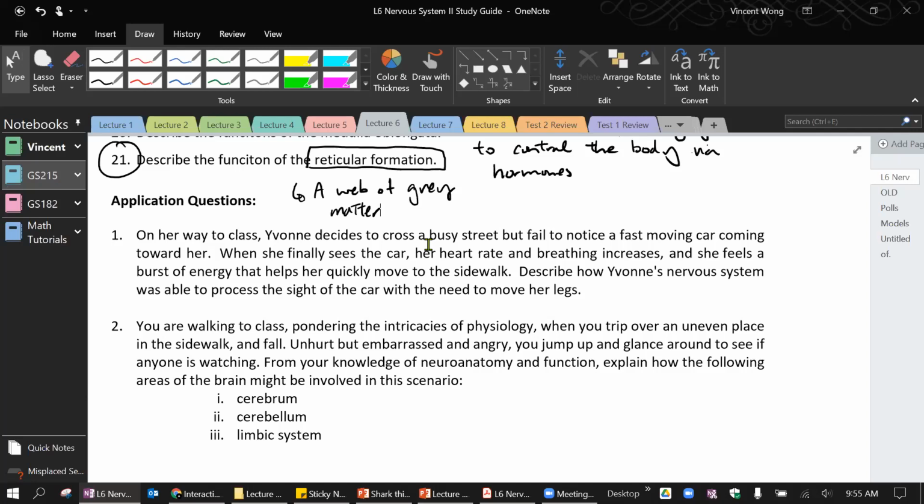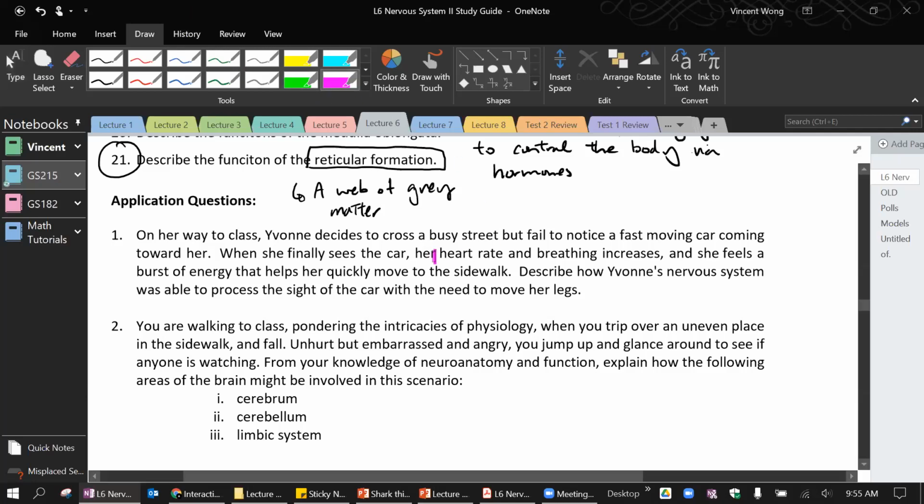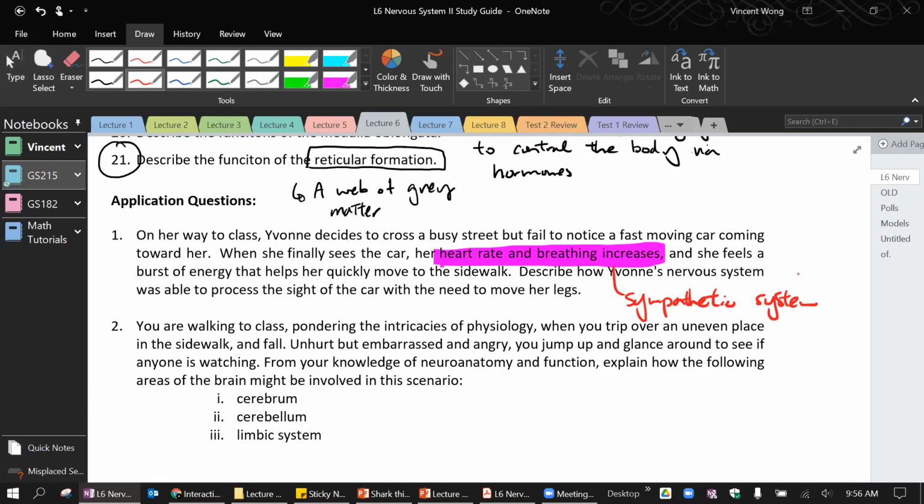All of this is a result of the sympathetic system, which is triggered during the fight or flight response. When you're in a dangerous situation, it gets activated, and that's what gives her the burst of energy to dodge out of the way.